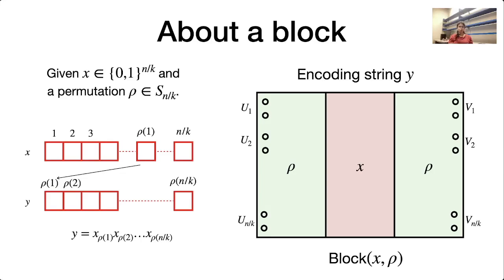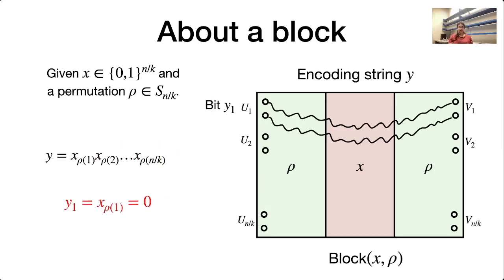What we want out of this block and this gadget for the permutations is that the connections between u1 and v1 encodes bit y1, u2 and v2 encodes bit y2 and so on till un over k. More specifically, if this bit y1, which is the same as x rho of 1, was 0, the first vertex of u1 is going to be connected to the first vertex of v1, and the second vertex of u1 is going to be connected to the second vertex of v1.